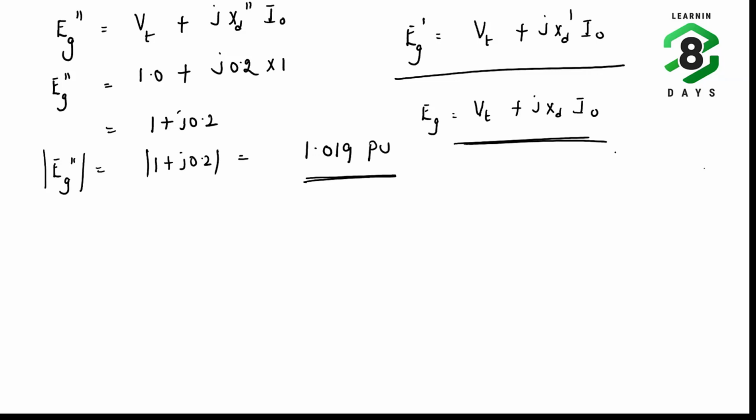So this is the subtransient induced EMF. If you are not able to correlate the philosophy, just remember this formula. For Eg double dash, you simply have to substitute the subtransient reactance. For Eg dash, you substitute the transient reactance. And in steady state, you substitute the steady state reactance. Okay. Typical question.